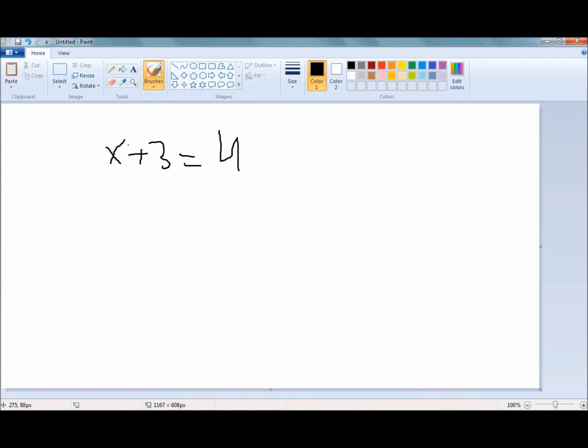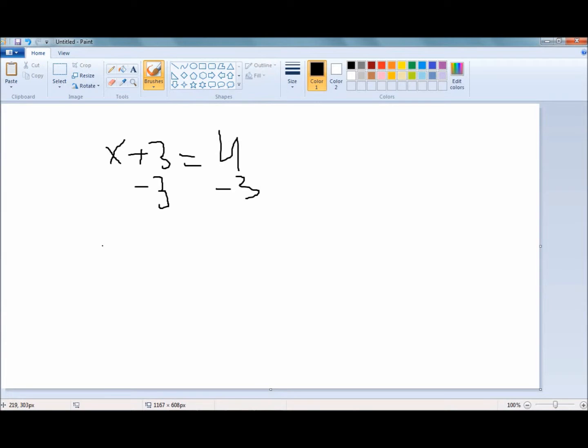Now, one of the basic principles of algebra is you can do anything you want to the equation as long as it happens on both sides of the equals sign. For example, x plus 3 minus 3 equals 4 minus 3 as well. There's a bunch of proofs and reasonings behind why this works that I'm not going to go into, because I'm covering it in just a few minutes.